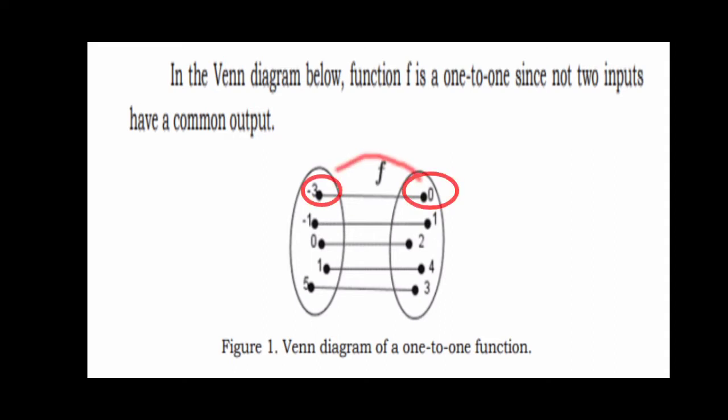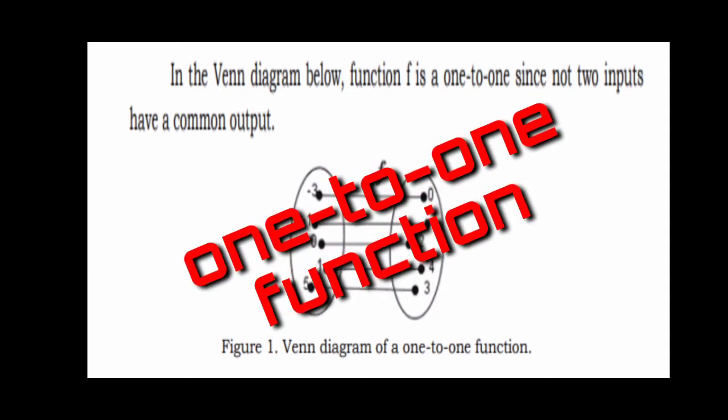Example, negative 3 going to 0. Negative 1 going to positive 1. 0 going to positive 2. 1 going to 4. And 5 going to 3. This means that there is only one corresponding value from one function going to another function. So that is now considered a one-to-one function.